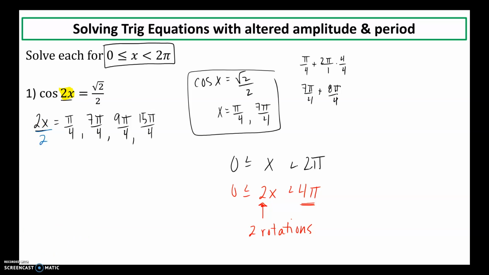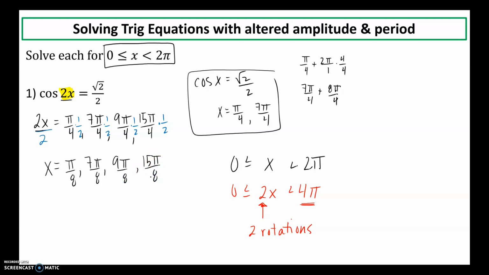Dividing each of these by 2 is really multiplying each one by a half. Okay, so when I finally solve for x, don't forget that's the ultimate goal. I get pi over 8, 7 pi over 8, 9 pi over 8, and then 15 pi over 8.